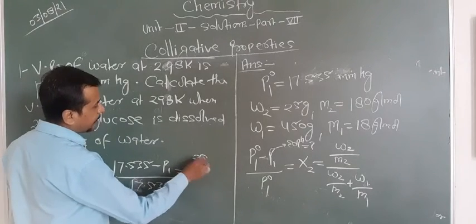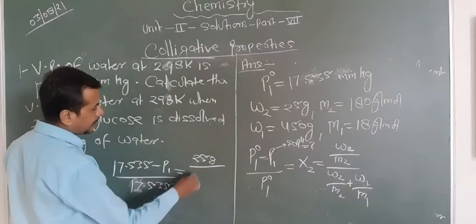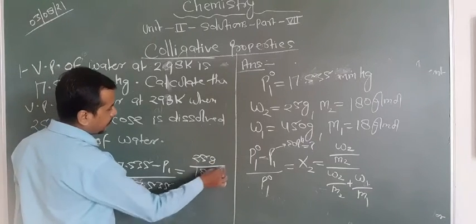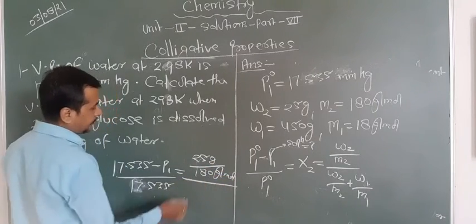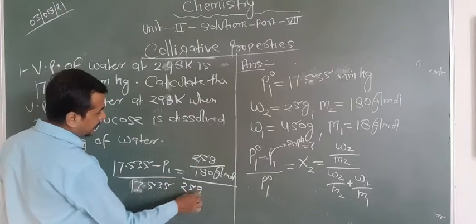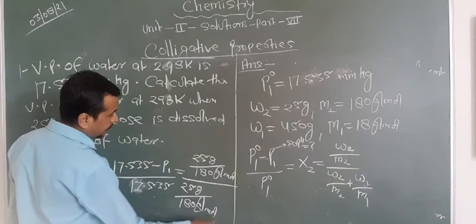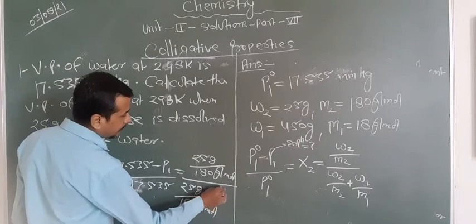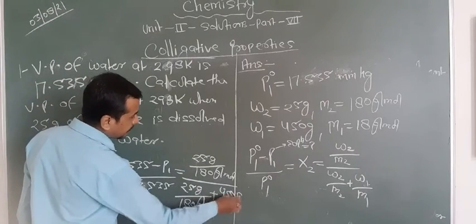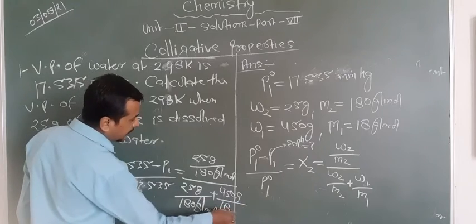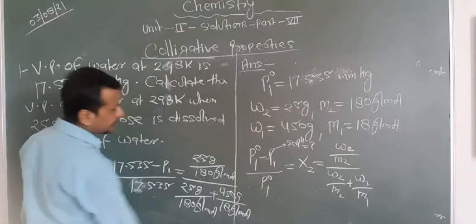And this is equal to how much? Mass given 25 gram divided by 180 gram per mole, divided by 25 gram divided by 180 gram per mole plus 450 gram divided by 18 gram per mole.